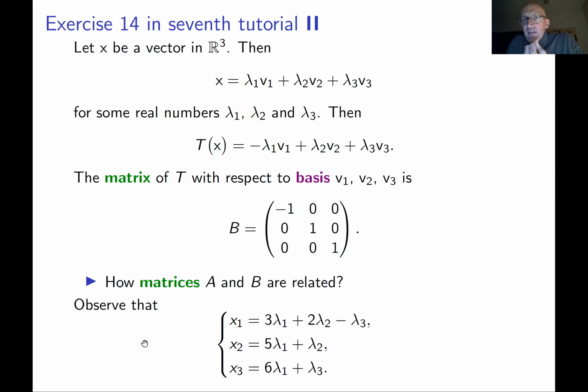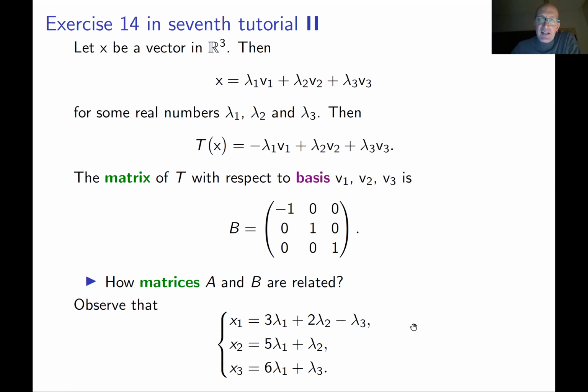Look, x1, x2, and x3 are coordinates of vector x. Sometimes people add "in the standard basis", but usually it's assumed. But these numbers lambda 1, lambda 2, lambda 3 can be considered as the coordinates of vector x in the basis v1, v2, and v3, or with respect to the basis v1, v2, and v3.